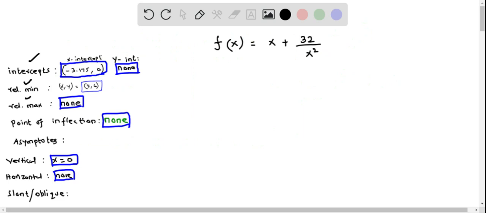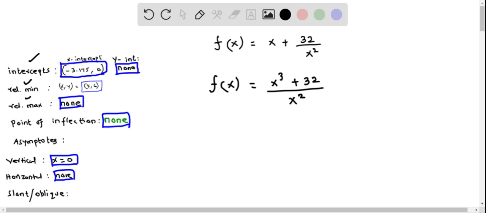Since we have determined that there are no horizontal asymptotes, let's check if this one has slant asymptotes. For that, I'm going to write f of x as x cubed plus 32 over x squared in rational function form.